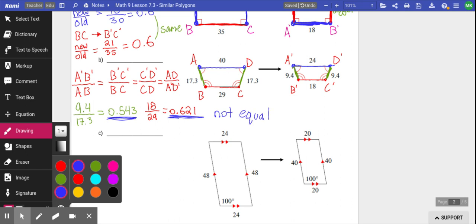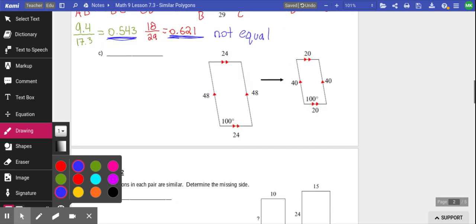Since the scale factors are not equal, that means that those sides did not grow at the same rate. That means these things are not similar. One was growing faster than the other or shrinking faster than the other, depending on how you want to look at these pictures.